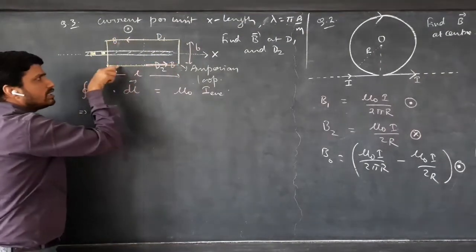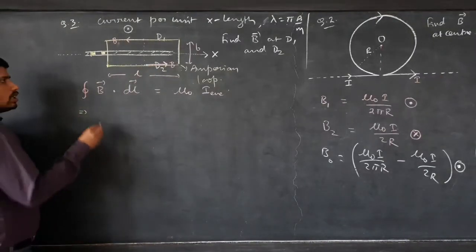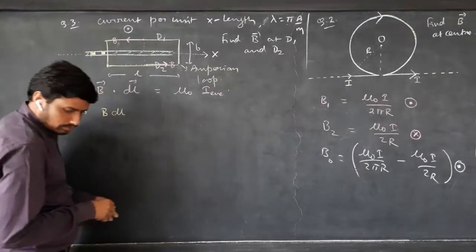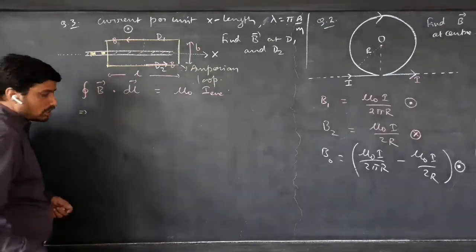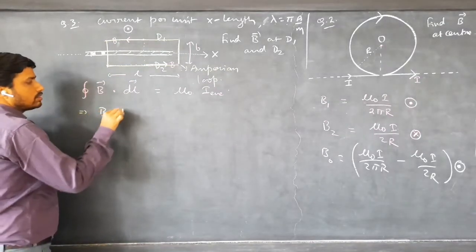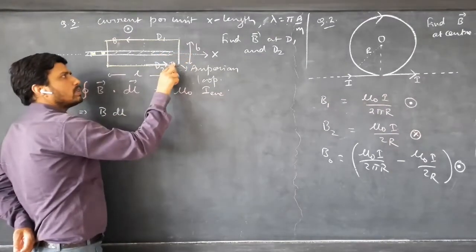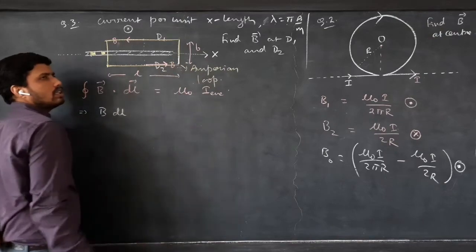Across this path, you can see B vector and dl vector point in the same direction. So B dot dl will become simply B into dl. Across this path, you can see here the magnetic field is perpendicular to dl vector. Dl vector is like so, but magnetic field is towards right.